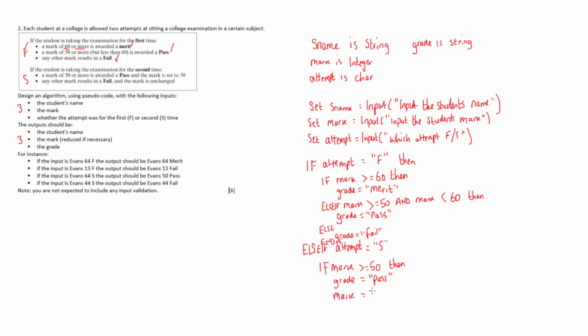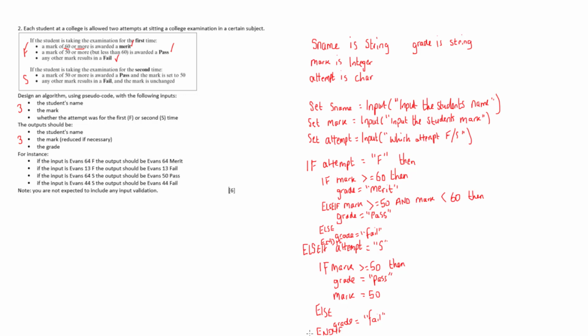Mark equals 50. Any other marks result in a fail, and the mark is unchanged. So I can say else grade is set to fail. Okay. End my if. Done that there.